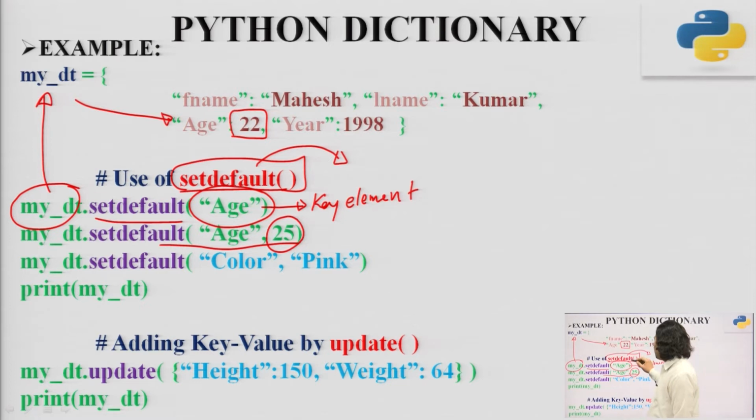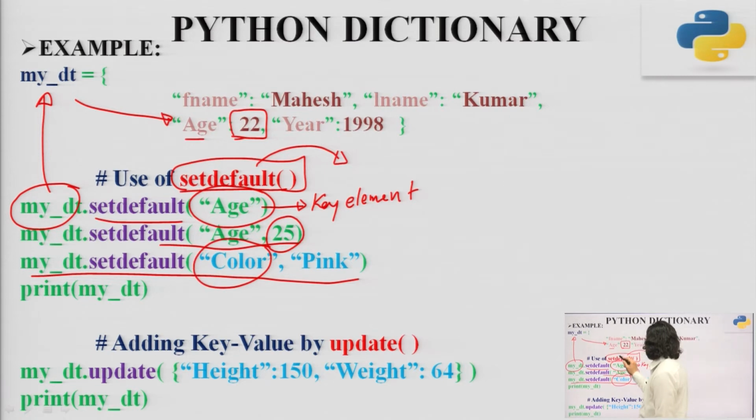That means age as 22 cannot be replaced. Similarly, in the third one you can see that the color key element is not present in these 4. That means the 5th element is going to be added to my dt with the default value pink.